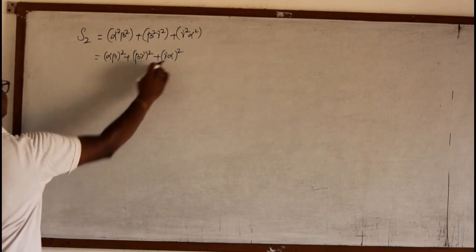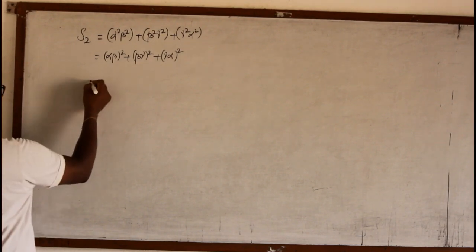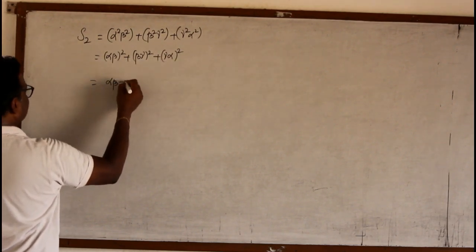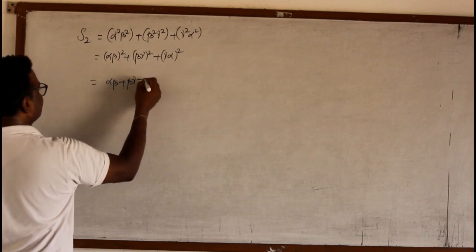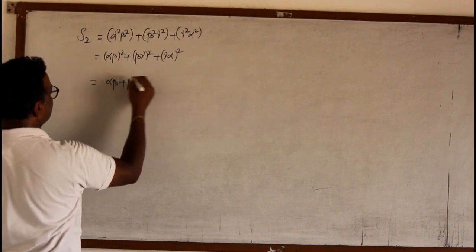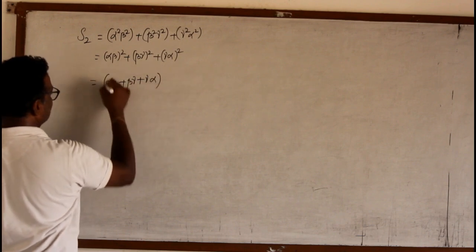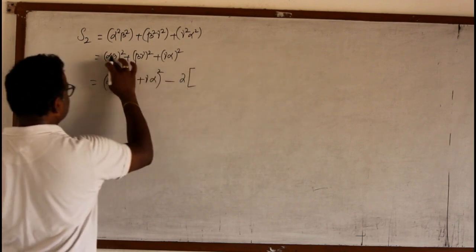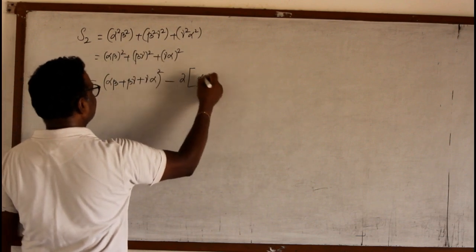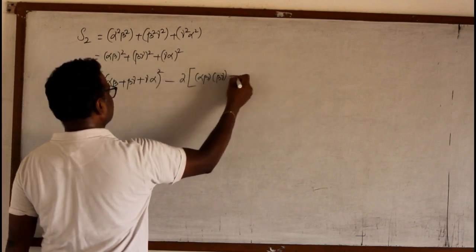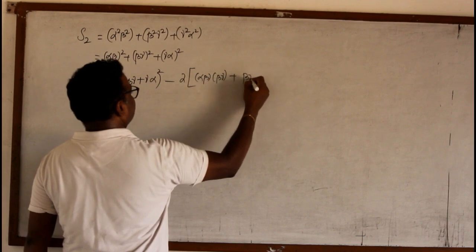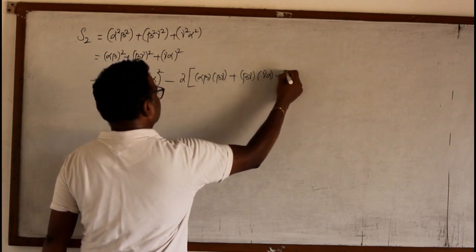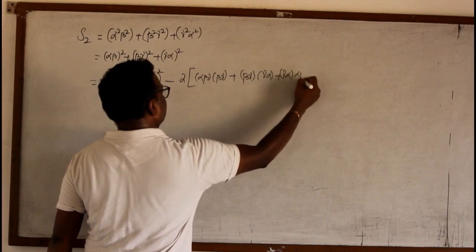So it is of the form a square plus b square plus c square, so it is a plus b plus c the whole square. It is alpha beta, beta gamma, alpha beta the gamma plus gamma alpha the whole square minus 2 into ab, alpha beta into beta gamma plus beta gamma into gamma alpha, then gamma alpha into alpha beta.